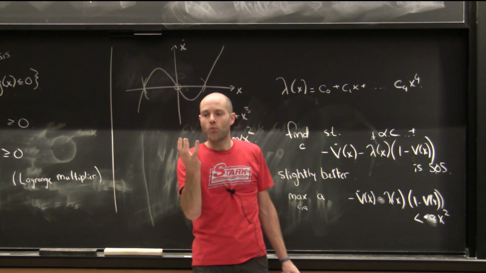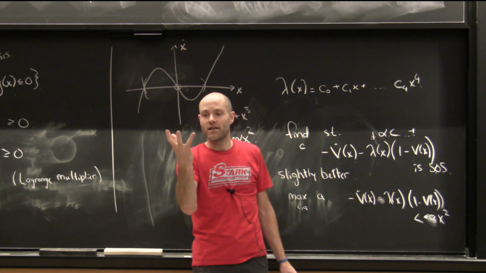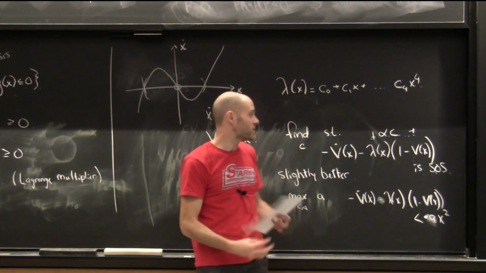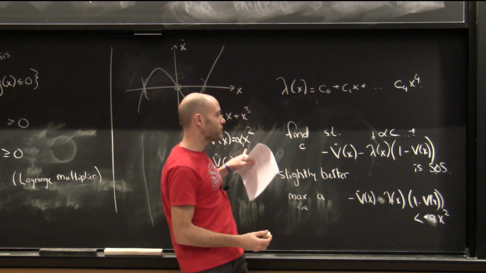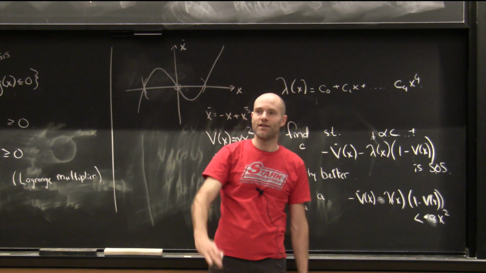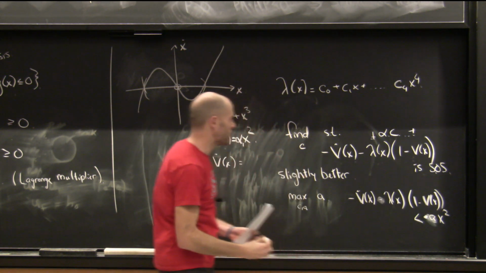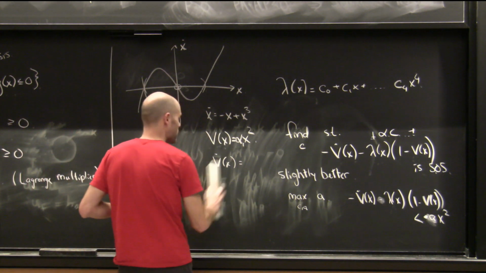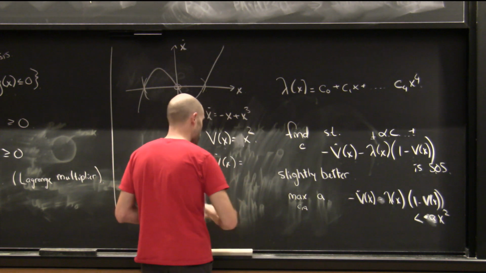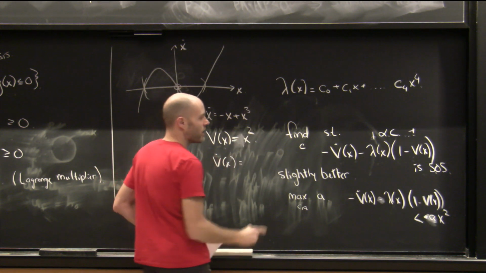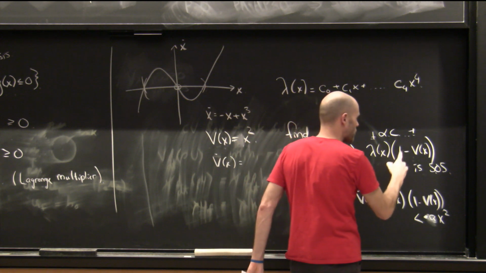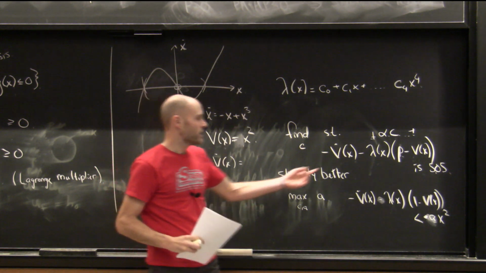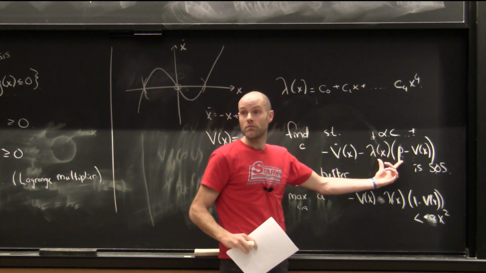And the question is, how big of a region can I prove that it's a valid Lyapunov function for the full nonlinear system? So there's this intermediate step where you're not searching over V, you're just searching over the level of V that I can prove something about. That still, let me erase this again here. That still, if I were to somehow search over this, in this formulation is a bilinear optimization.